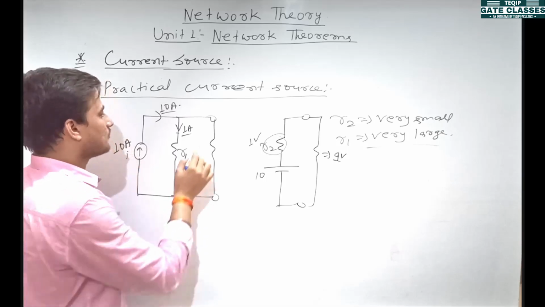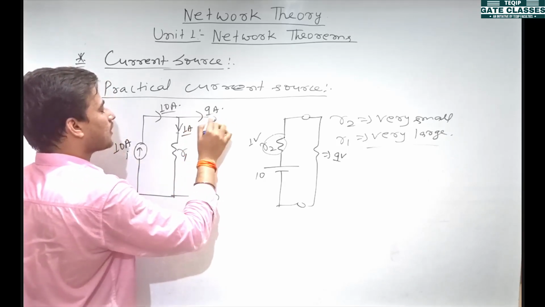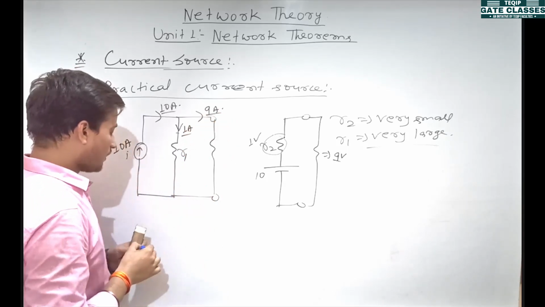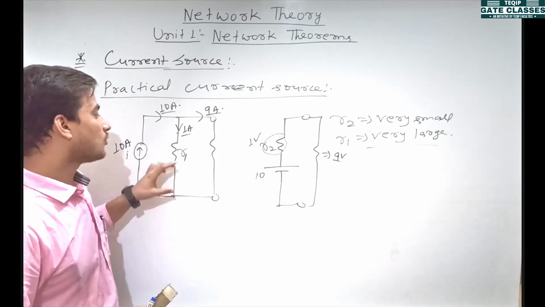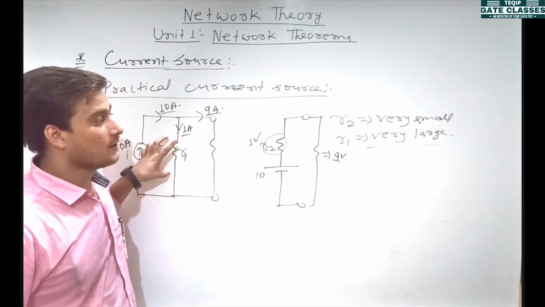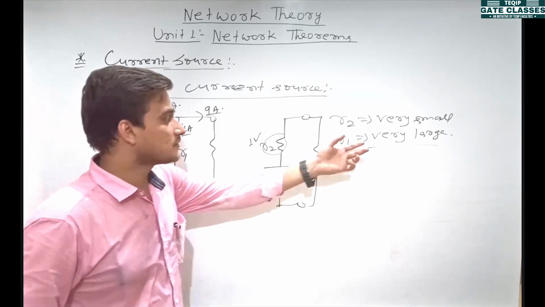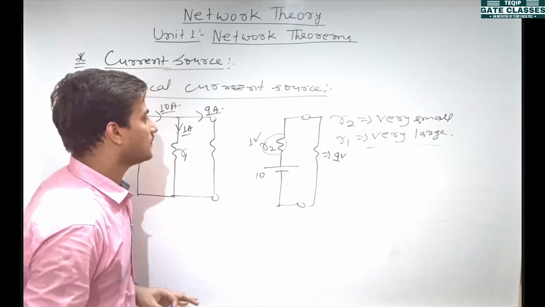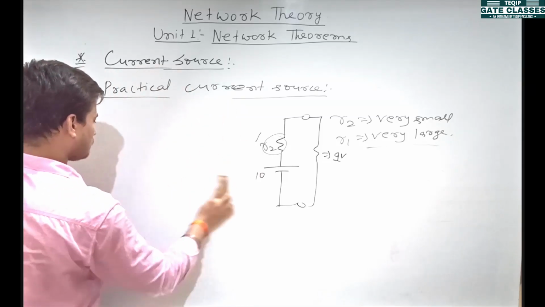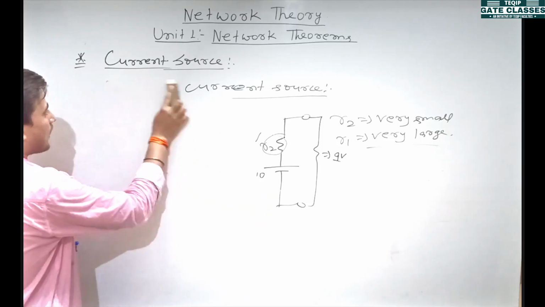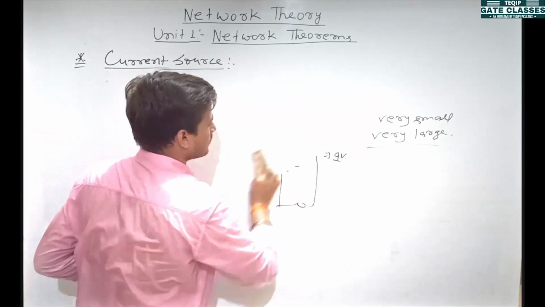So the rest, 9 ampere, will go through this one. Now here the current should be small. If current should be small, then resistance should be more. So this is the reason behind this. Clear? So this is the practical current source. Clear?